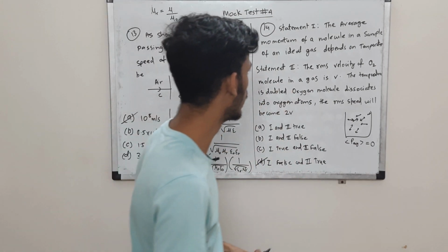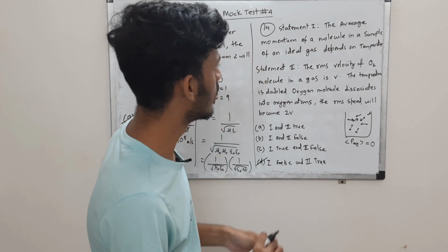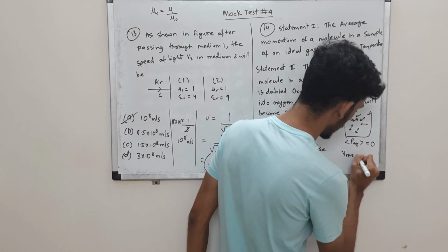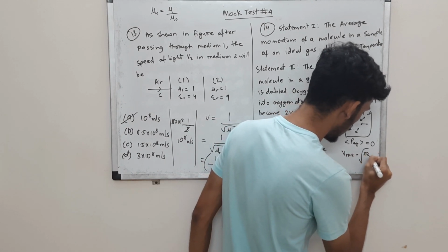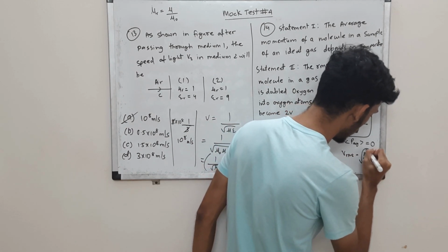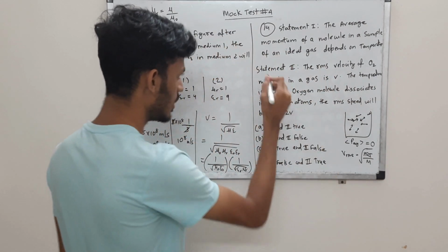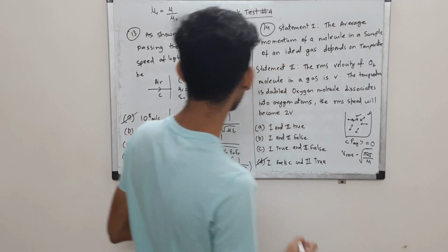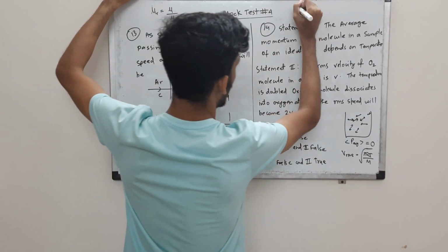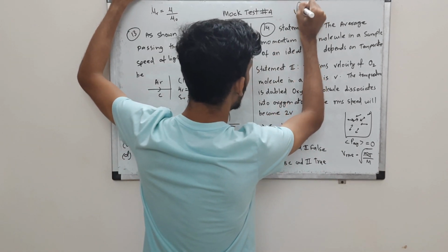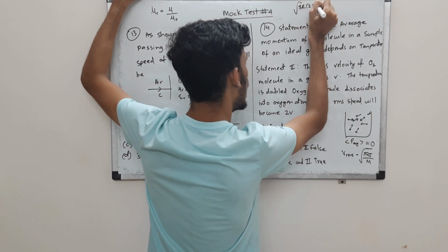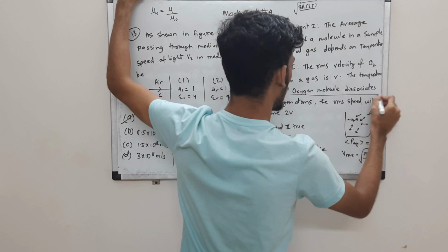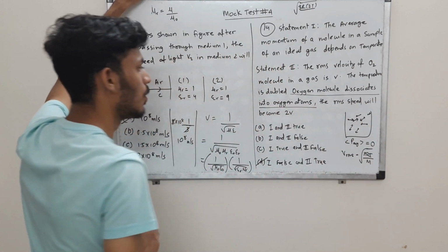In statement 2, first of all, RMS velocity is given as under root 3RT by m, where m is the molecular mass. For oxygen it is v. If you double the temperature, the oxygen molecules dissociate into oxygen atoms.